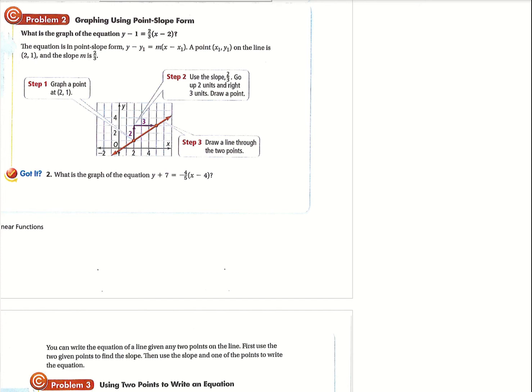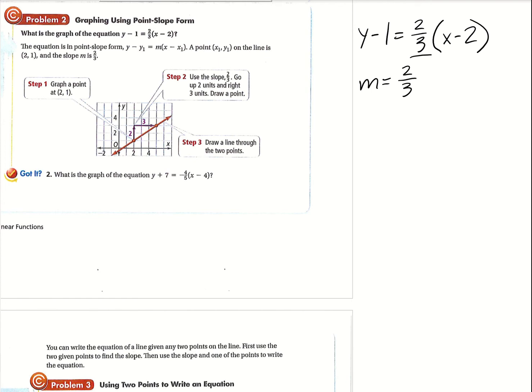They give us the equation y minus 1 equals 2/3 times the quantity x minus 2 for our point slope form. Using this, we can find our slope, which is m, and that's going to be 2/3.